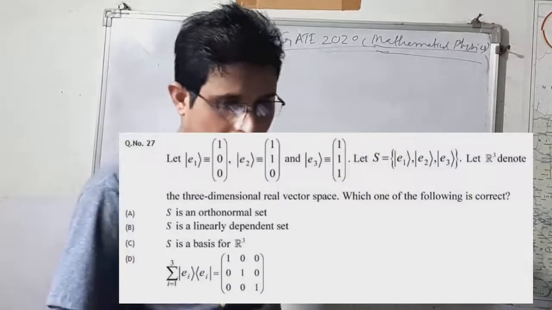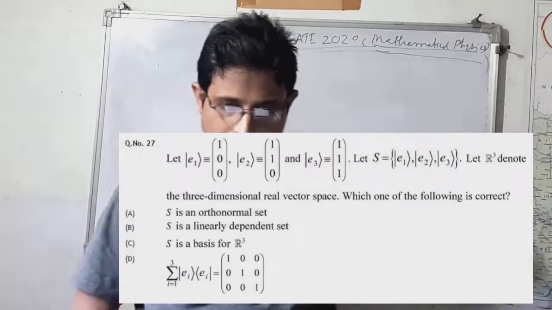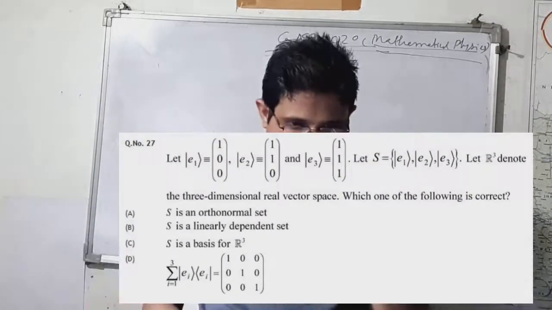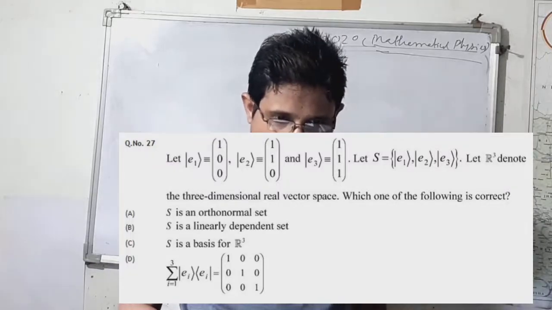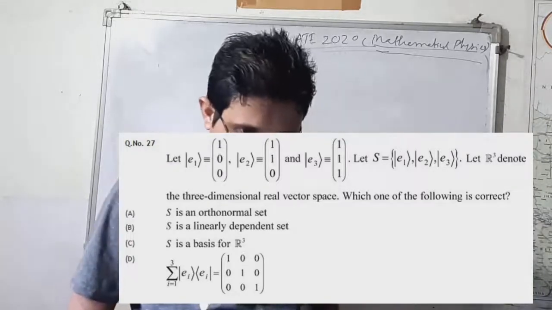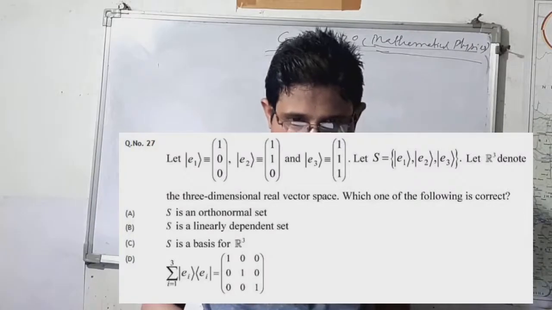Now question number 27. It is on your screen, so pause the video and read it. Here it gives 3 column vectors e1, e2, e3.